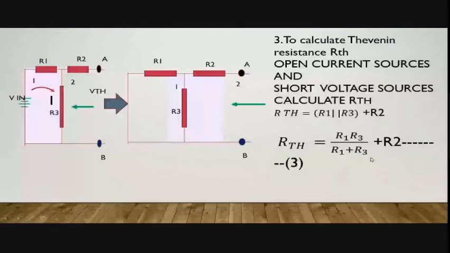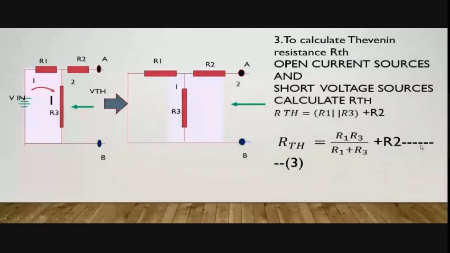R1 R3 divided by R1 plus R3. Then this combination is connected in series with R2. So the Thevenin's resistance will be given by R1 parallel R3 plus R2, that is R1 R3 divided by R1 plus R3, plus R2.